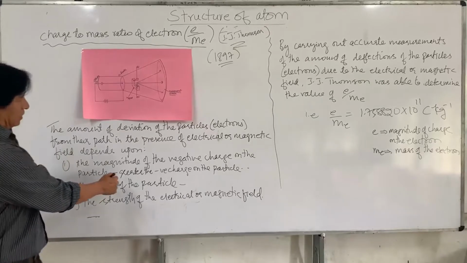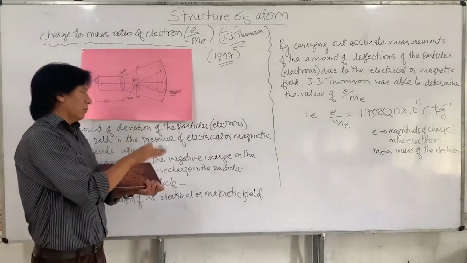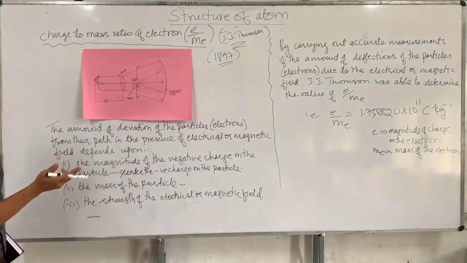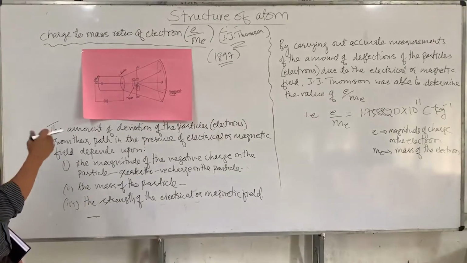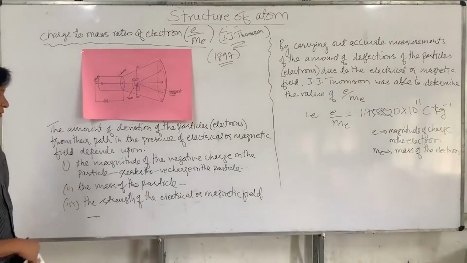The greater the negative charge on the particle, the greater is the deflection or deviation of these particles from their original path.